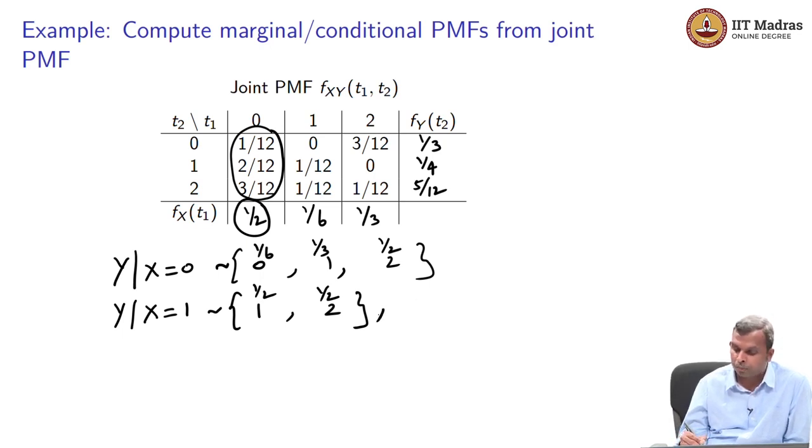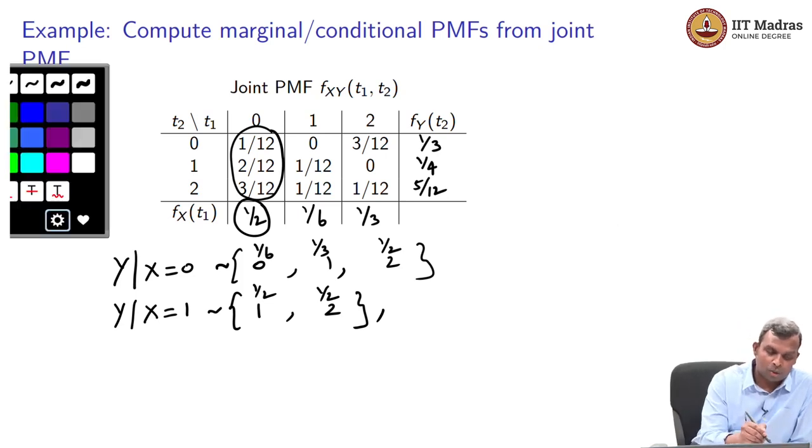Similarly, you can do y given x equals 2, and notice the way I am writing it, I write the values taken below and the probability above. You can use any such simple notation. Maybe I should do a different color here, to be very clear on what's going on.